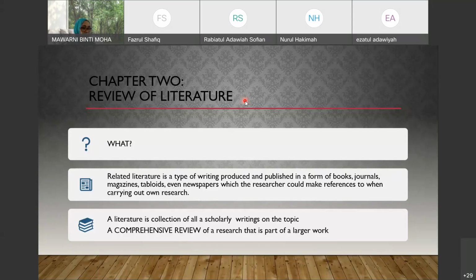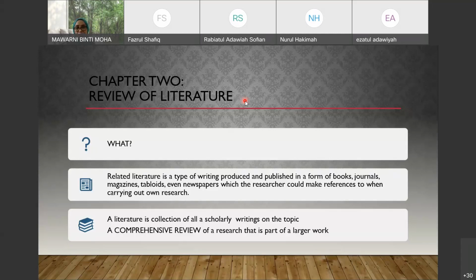This is basically the what aspects of your research, okay? And what is literature review? It's a type of writing produced and published in the form of books, journals, magazines, tabloids, even newspapers, which the researcher could make references to when carrying out own research. When we want to do research, we always refer to the previous research.